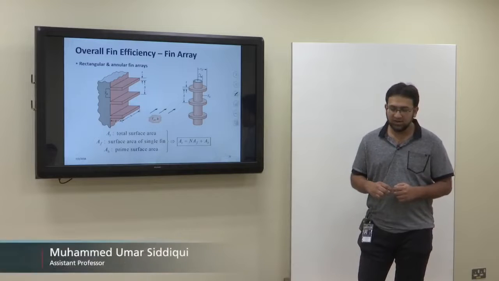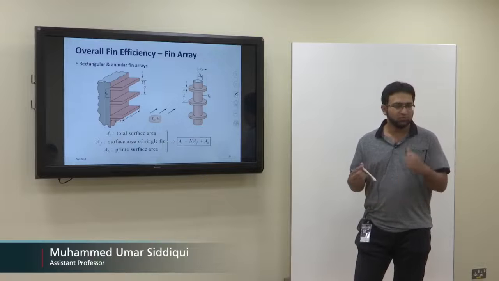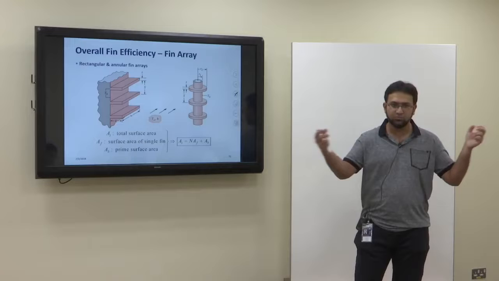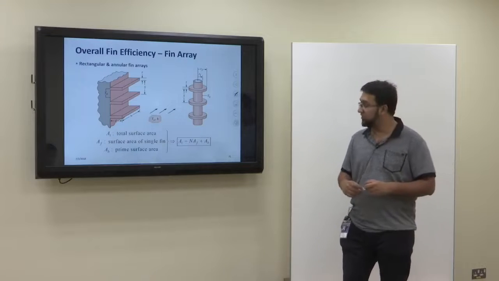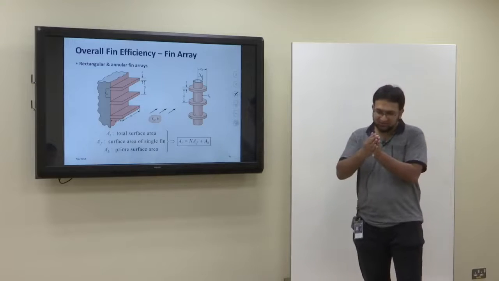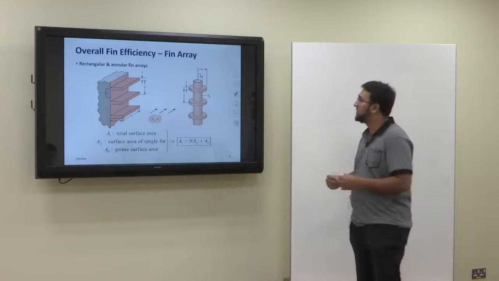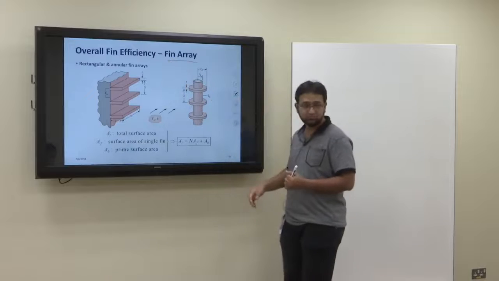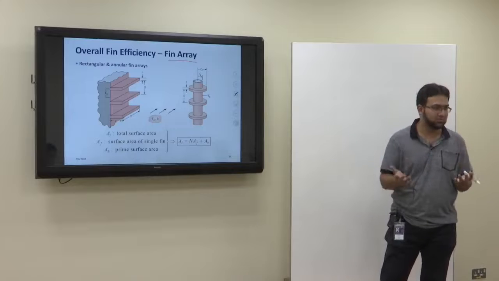Normally fins are used to increase the heat transfer, but we do not just put a single fin, we put many fins on a pipe or on a plate or whatever, arranged in an array. So we call it an array of fins, fin array. Fin array means something arranged in sequence.